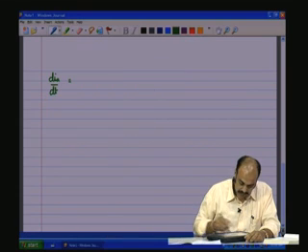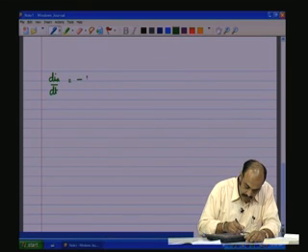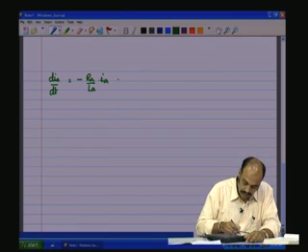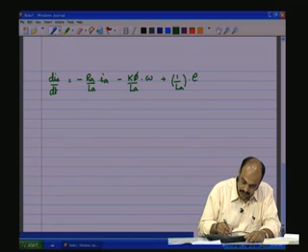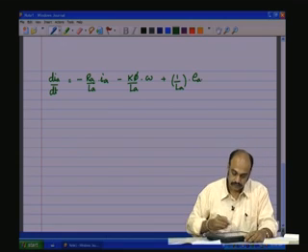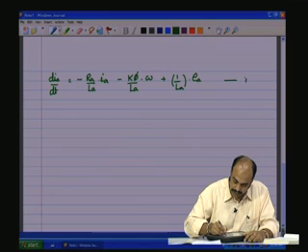So I will rewrite it as minus RA by LA into IA minus k phi by LA into omega plus 1 by LA into EA. So this is one equation.